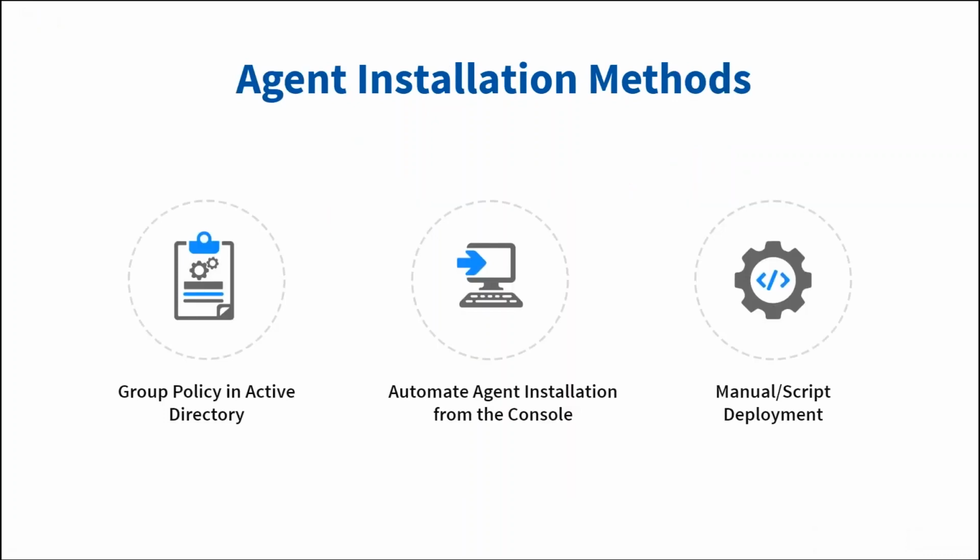So agent installation methods. These are the important and commonly used agent installation methods. Automatically installing an agent, pushing the agent from the portal. And if you have a Windows Active Directory, we can also leverage the GPO policy to install the agents. This will help install an agent on the existing computers, even if you bring a new computer in future.